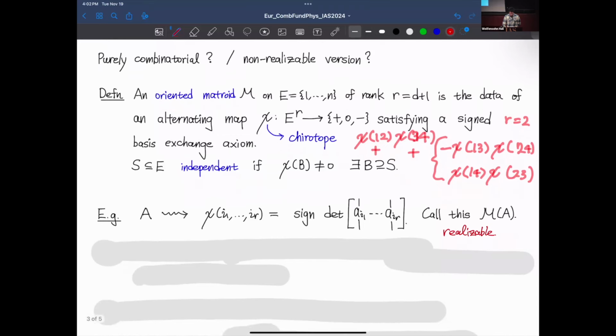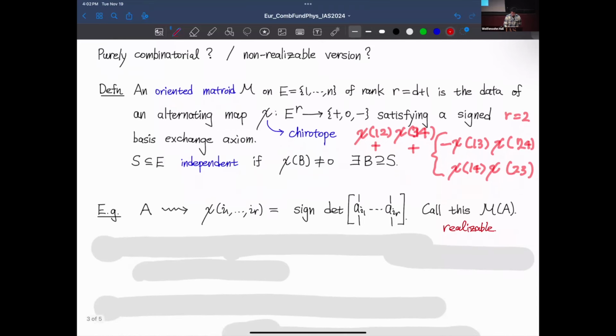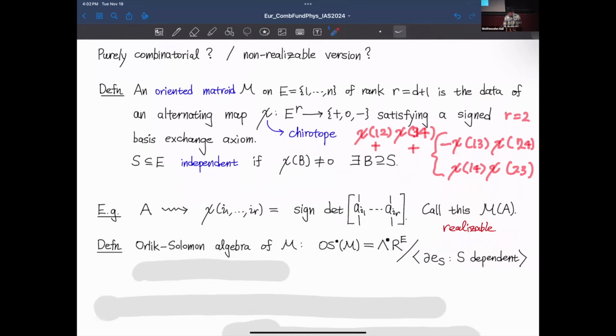But let me feature a few notions that actually do generalize quite nicely, at least. I don't know about easily. So the first statement requires the definition of the Orlik-Solomon algebra of an oriented matroid.